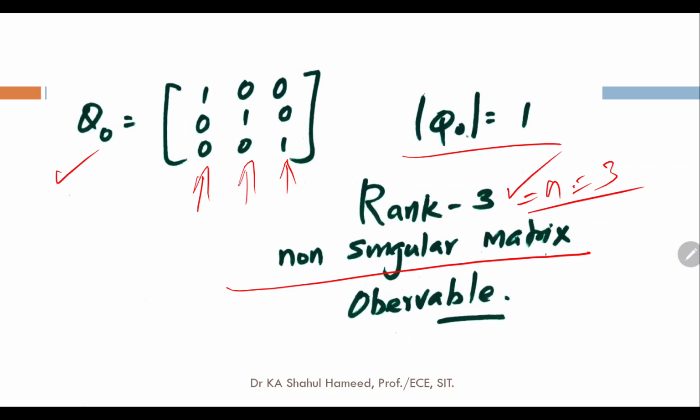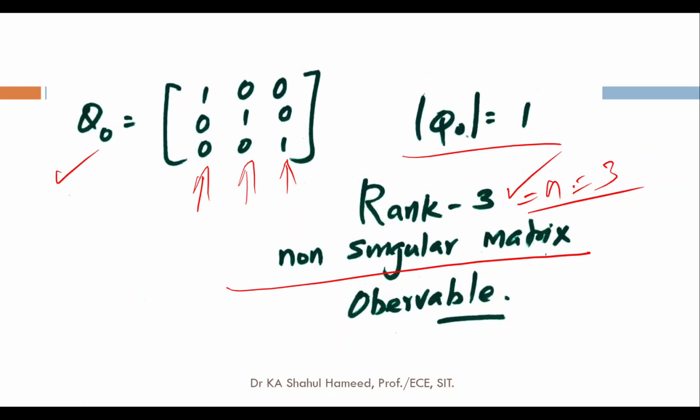Okay. So this way we can solve this problem related to controllability and observability. In this particular problem, we started with the transfer function and converted it into a differential equation. Then we defined the state variables. From that we formed the matrices and identified the A, B, C, D matrices, where D is equal to 0.